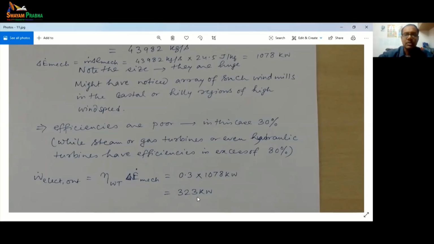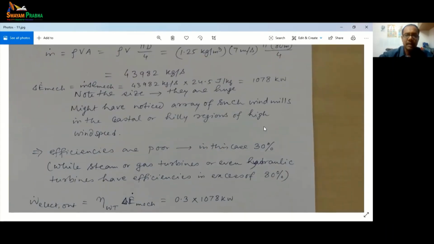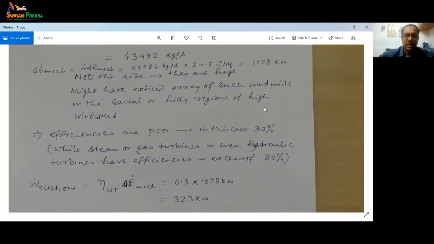So by installing this 80 meter diameter huge windmill, you will get 323 kilowatt of electrical power. This problem again talked about power conversion and basically the conservation of energy, the first law of thermodynamics. That was the base of this particular chapter 2.